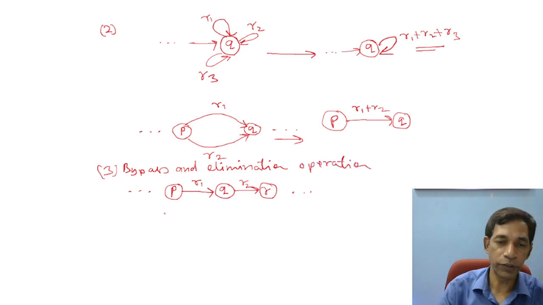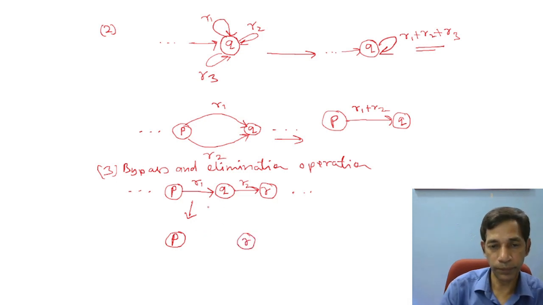What you are doing, if you have a situation like this, is bypassing the state Q, meaning eliminating the state Q so that you can obtain the regular expression. So from this you can obtain, say, P, then you eliminate Q, you bypass Q. For going from P to R by bypassing the state Q, you have to concatenate.